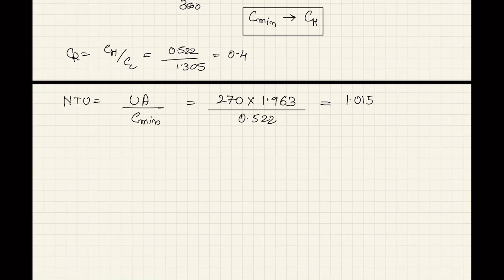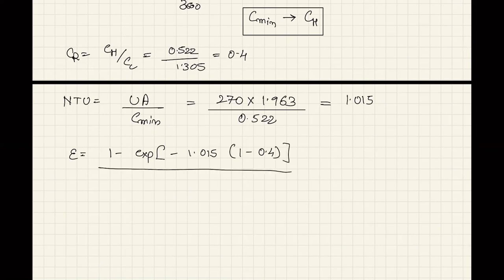For counter current, we'll simply use the expression: epsilon equals 1 minus exponential of minus NTU times 1 minus CR, divided by 1 minus CR times exponential of minus NTU times 1 minus CR, that is, 1.015 into 1 minus 0.4.